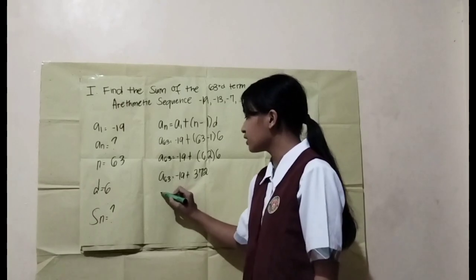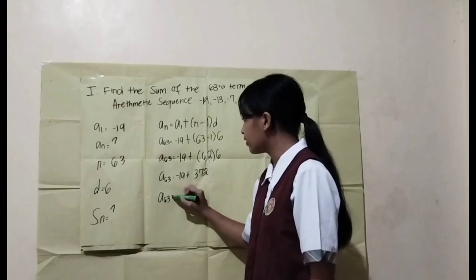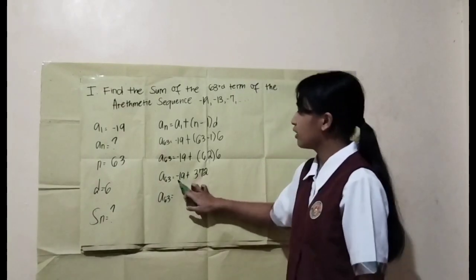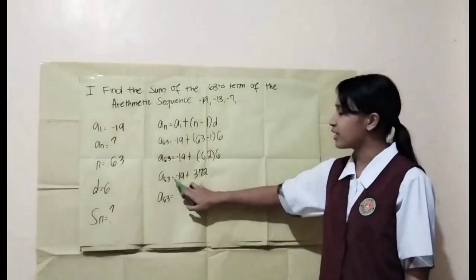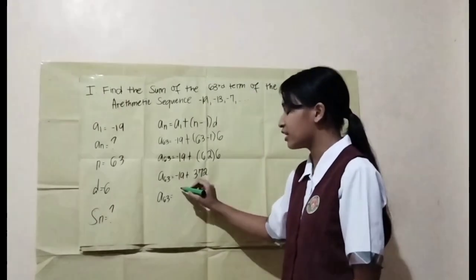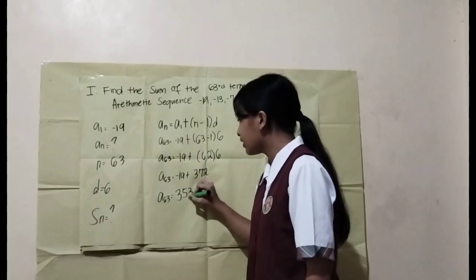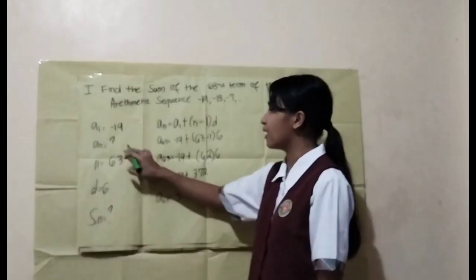Next, we will be bringing down again the value of a sub 63, we will be solving now for negative 19 plus 372, which is 353. And there you have the value of a sub n.